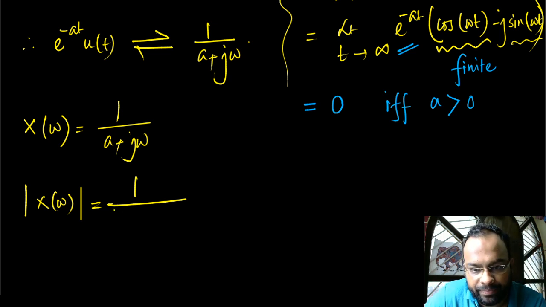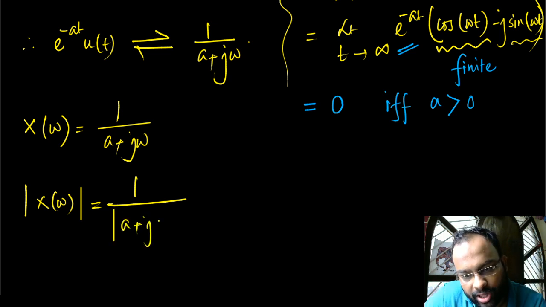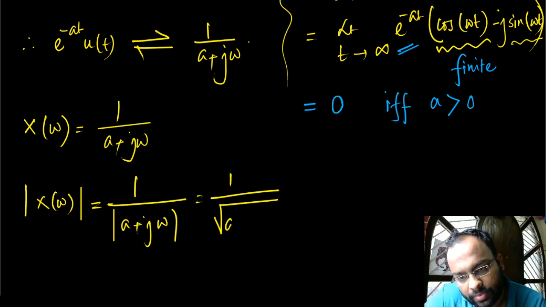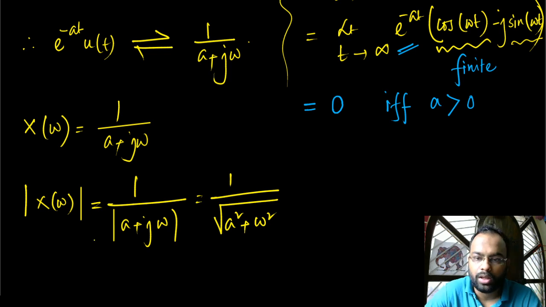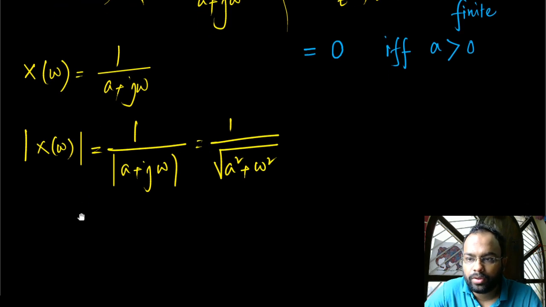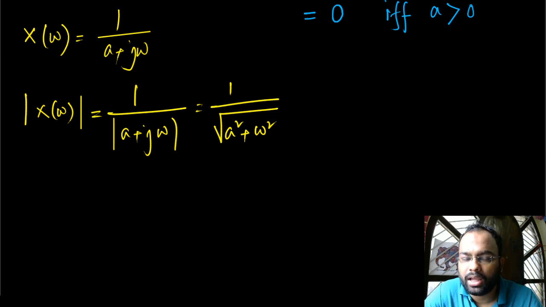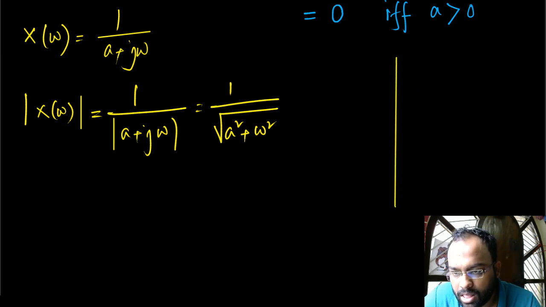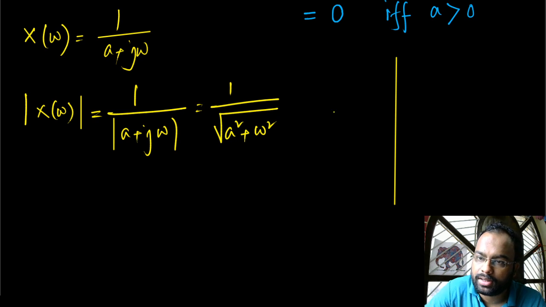So I have mod of a plus j omega, and that gives you 1 by root over a square plus omega square. I believe so. So with that said, if I now try to figure out what frequency components this signal has, that would be the result. Let me show you.